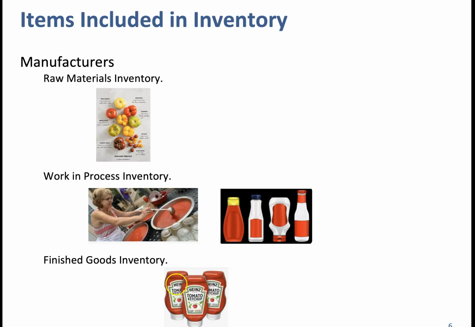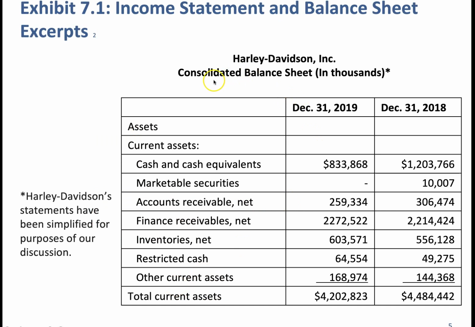Now, if you remember, the balance sheet is always a snapshot of a company's financial status. Which means on December 31st, 2019, if we count the inventory of a ketchup company, the numbers reported in the inventory account would mean all the inventories that the company has at this point in time, December 31st, 2019.